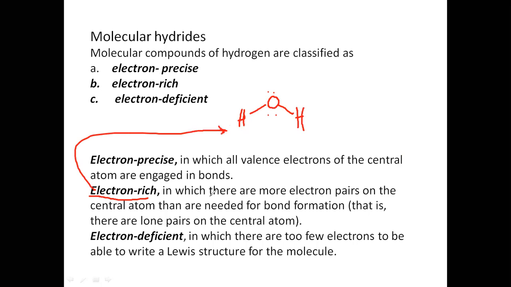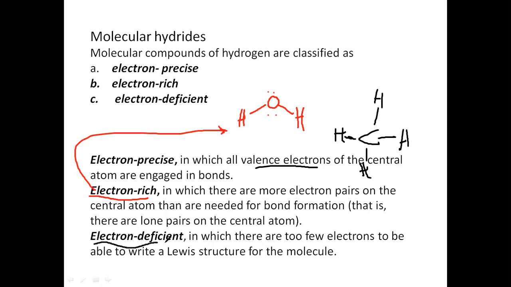Electron precise means, for example, CH4. All the valence electrons of the central atom, the four valence electrons of carbon, are involved in bond formation.